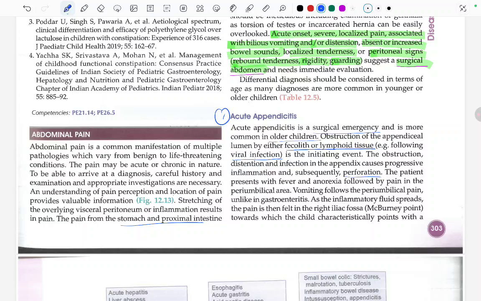So the patient will then present with fever and anorexia followed by pain in the periumbilical area. Vomiting follows the periumbilical pain. After the periumbilical pain, there will be vomiting, unlike in gastroenteritis. So in appendicitis, vomiting follows the periumbilical pain. First there will be pain, then there will be the vomiting.